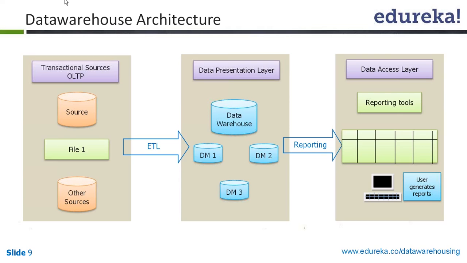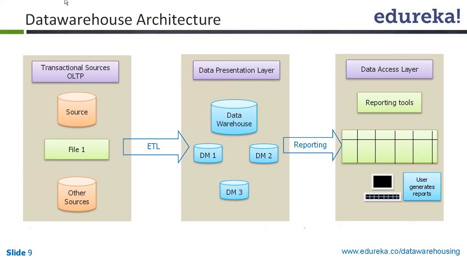But the difference between a data warehouse and a data mart is that the data warehouse is used across the organization, and data marts are used for individual customized reporting. For example, there are multiple departments in a company. The finance department is different from a marketing department. They all draw data from different sources, and they need customized reporting. The finance department is mainly concerned with the statistics, and the marketing department is mainly concerned with the promotions.